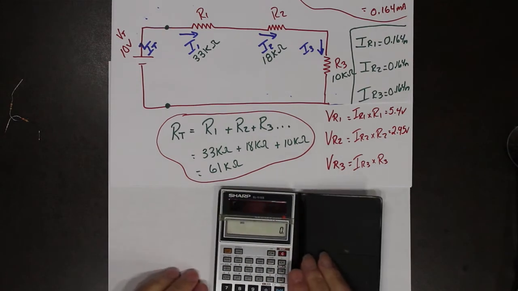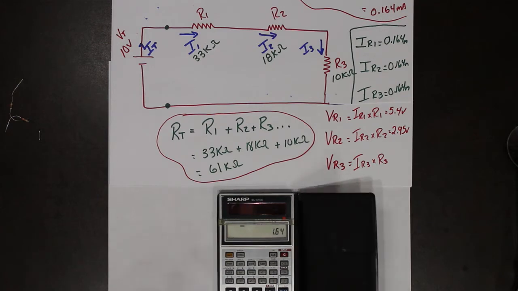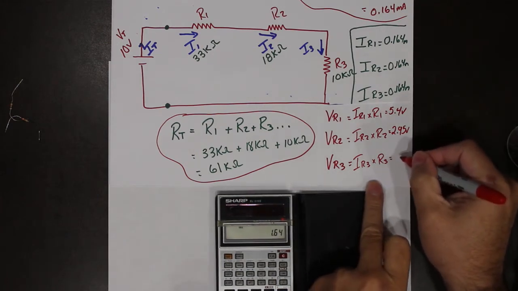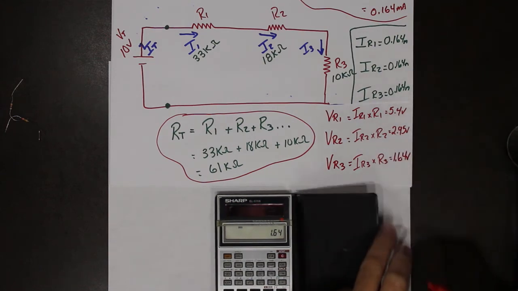And then the last one, 0.164 milliamps times 10K equals 1.64 volts.